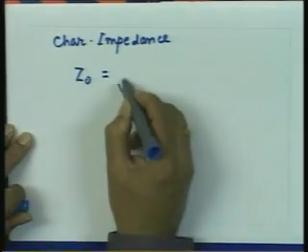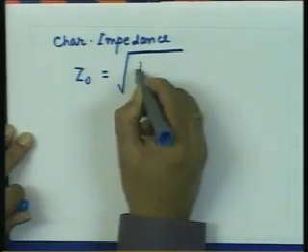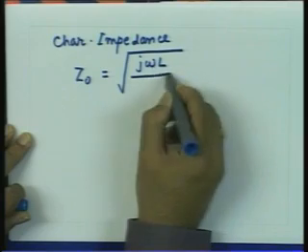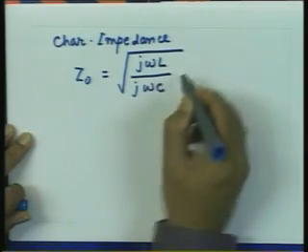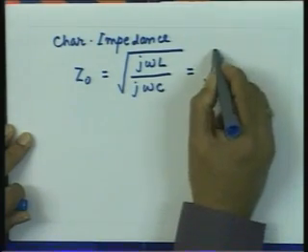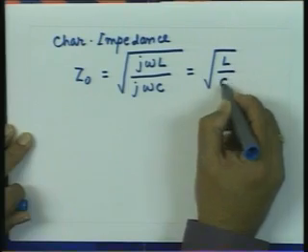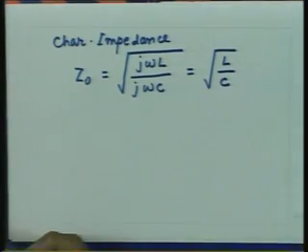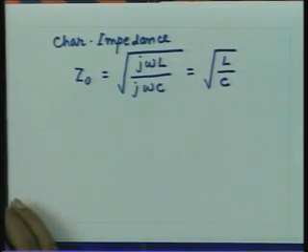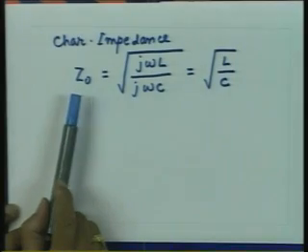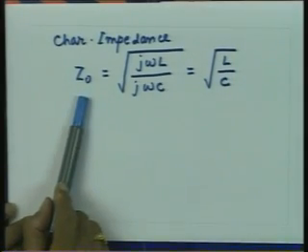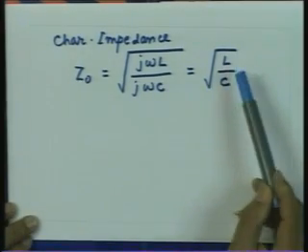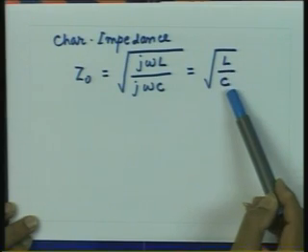Again substituting R equal to 0 and G equal to 0, this will be equal to j omega L divided by j omega C, under a square root, that is equal to square root of L by C. So, the characteristic impedance of the lossless line is the square root of the ratio of the inductance and capacitance per unit length.